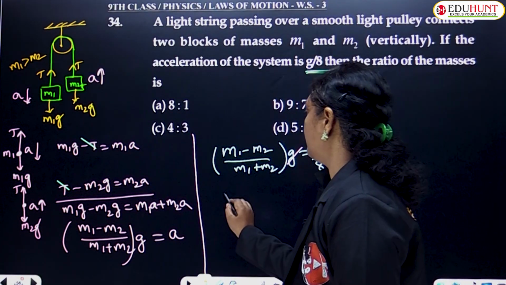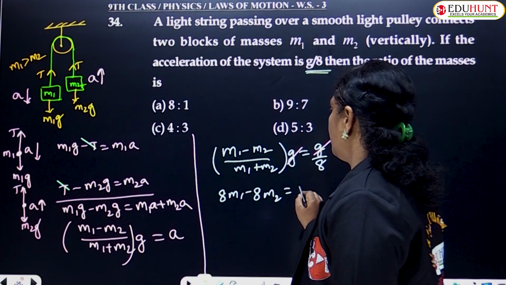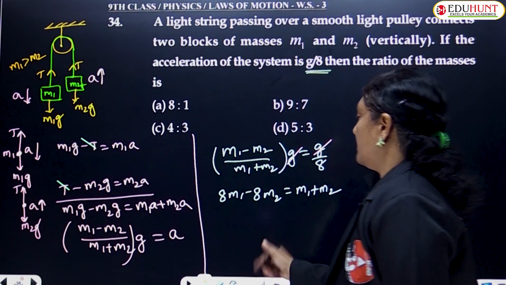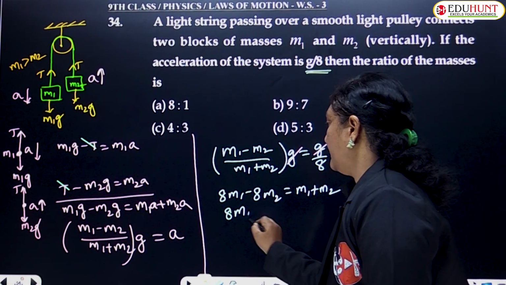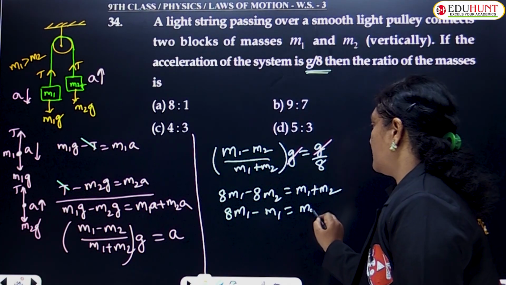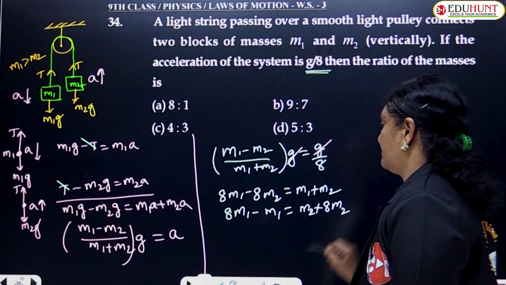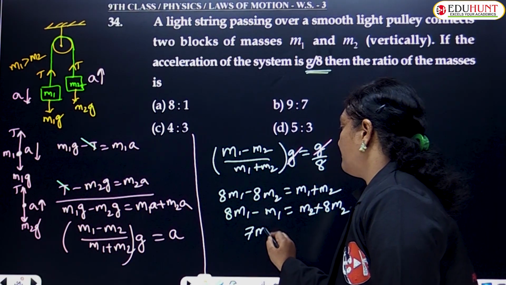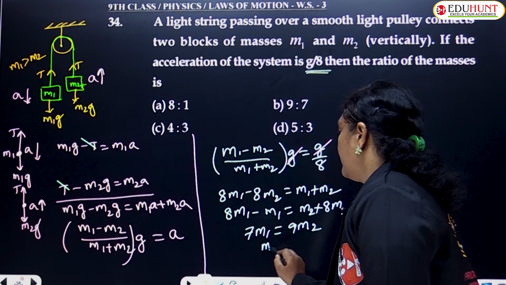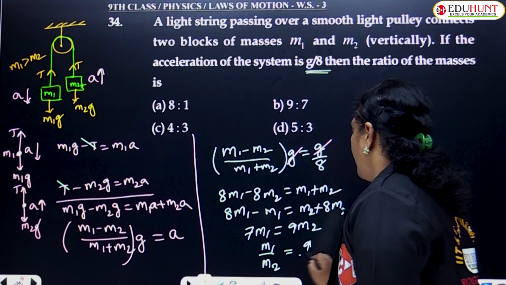Cross multiplication gives 8m1 minus 8m2 equals m1 plus m2. Bringing m1 to the other side, we have 8m1 minus m1 equals, what is left over, children? m2 plus 8m2. So this implies 7m1 equals 9m2, or m1 by m2 equals 9 by 7.